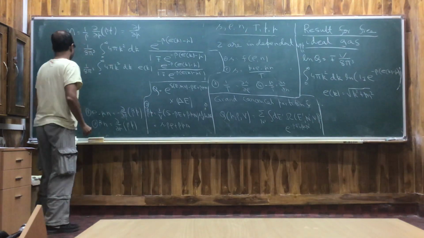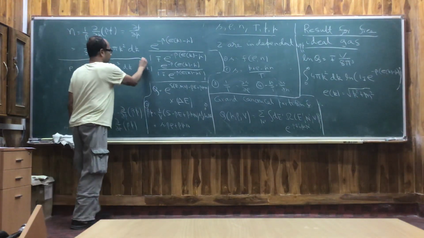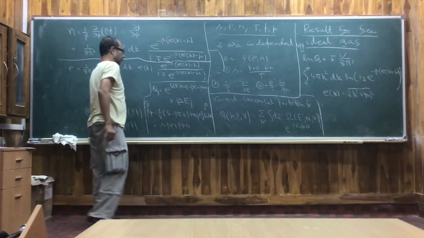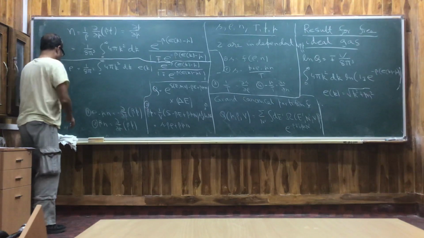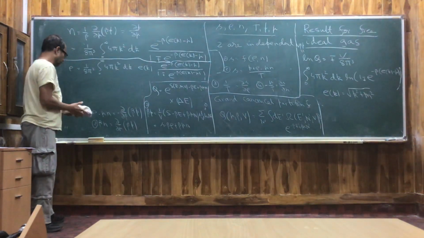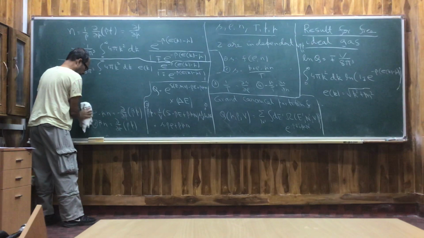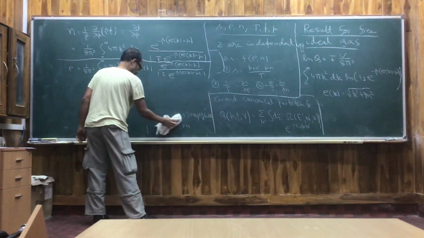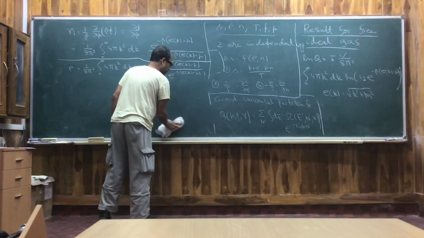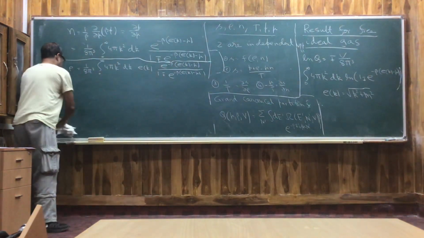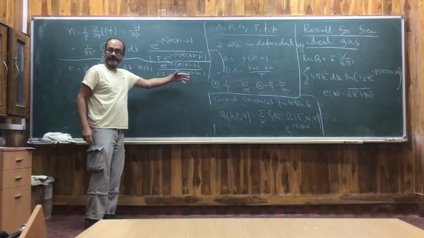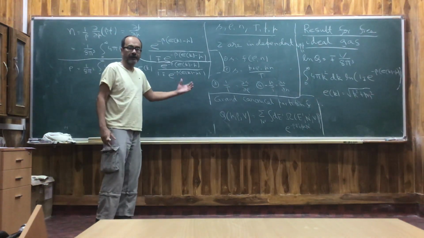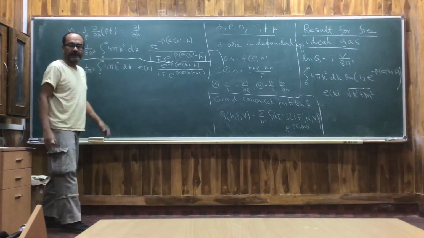Separate this out. So later on we are going to make use of this formula and take various limits. Okay, for example, what happens in a relativistic limit, what happens in a non-relativistic limit, and so on. But this is a general formula, which is valid for both relativistic and non-relativistic particles.